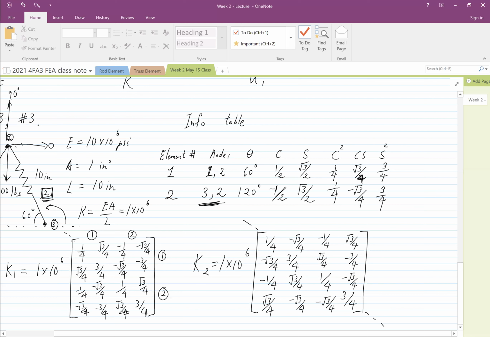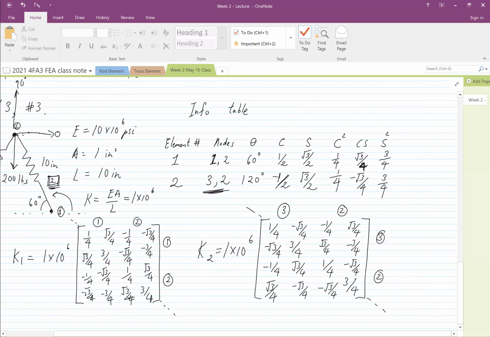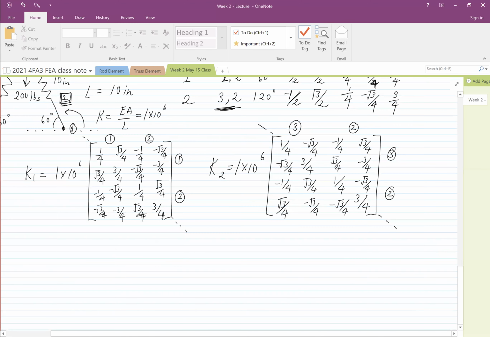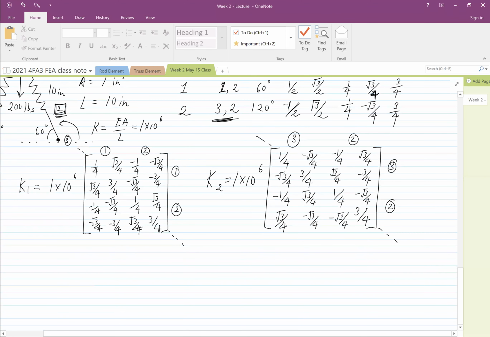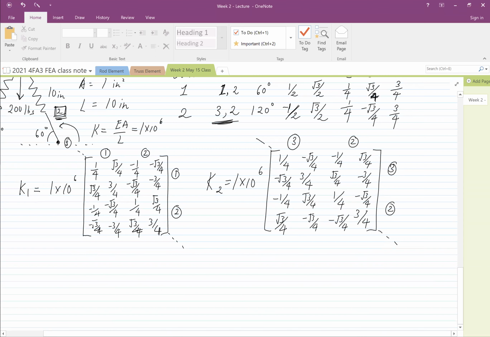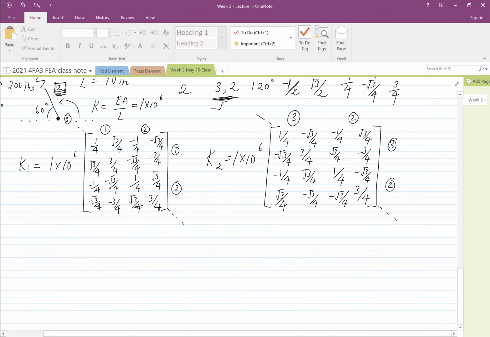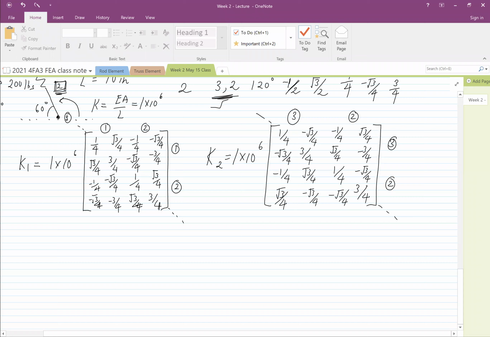Make sure they are symmetrical. Yes, they are. And here's very important: it's node 3 and node 2, and node 3 and node 2. This is how I do it for 120 degrees. But if you feel more comfortable with nodes 2 to 3, it's fine. Go for it.